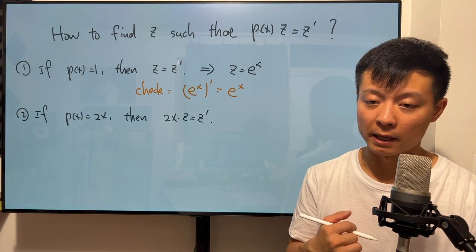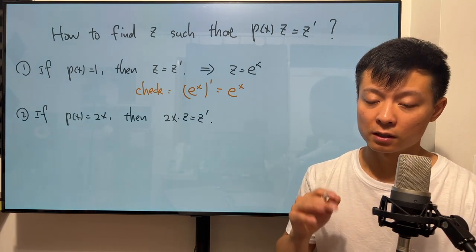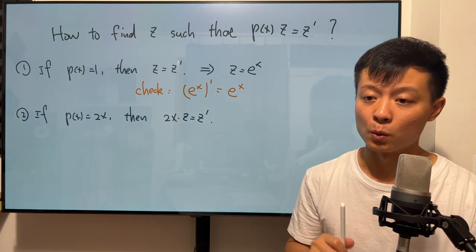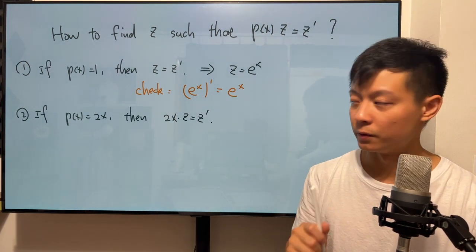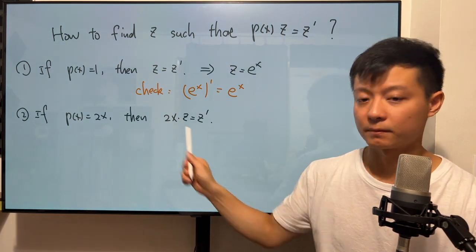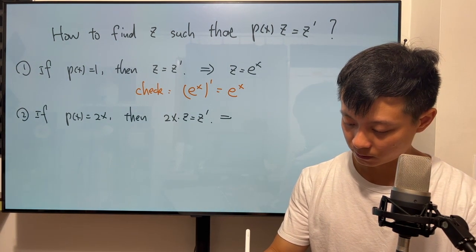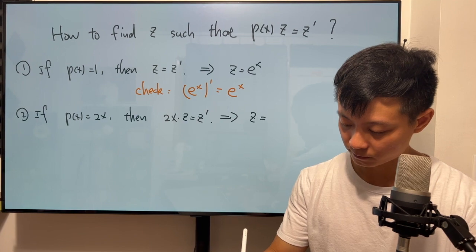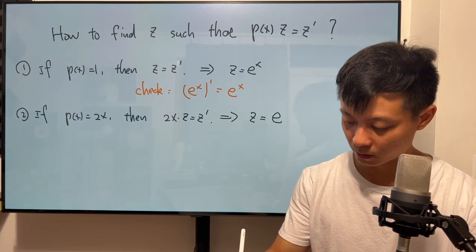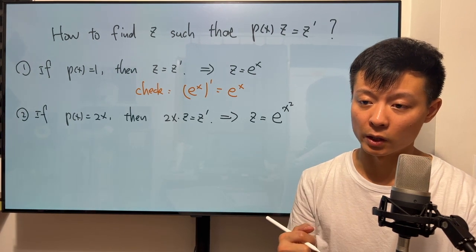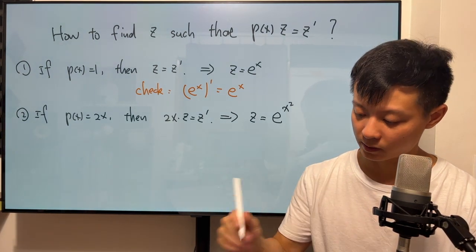So we will expect the function z to look similar to e raised to some power, where that power should give you the derivative 2x. So we're going to try the function e^(x²), because the derivative of x² is 2x.